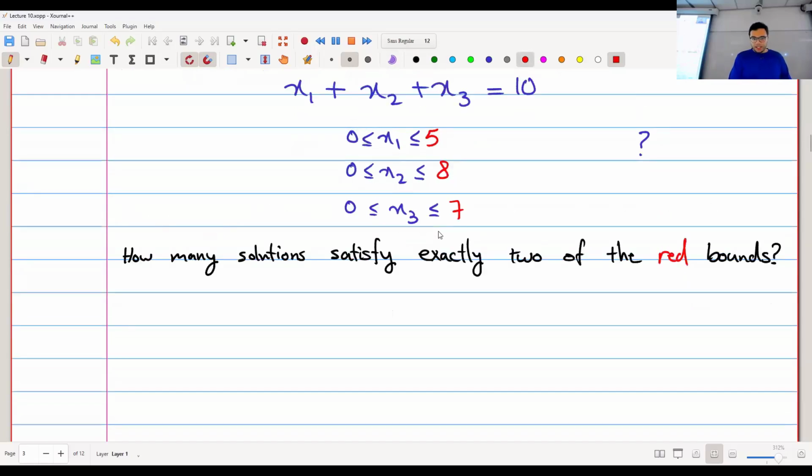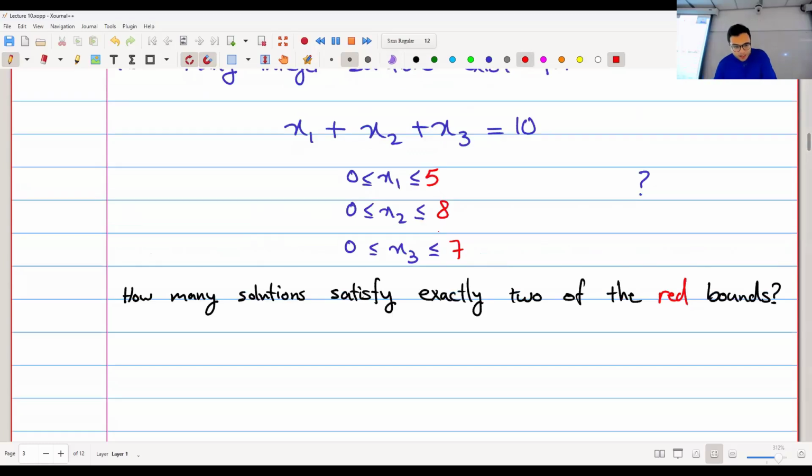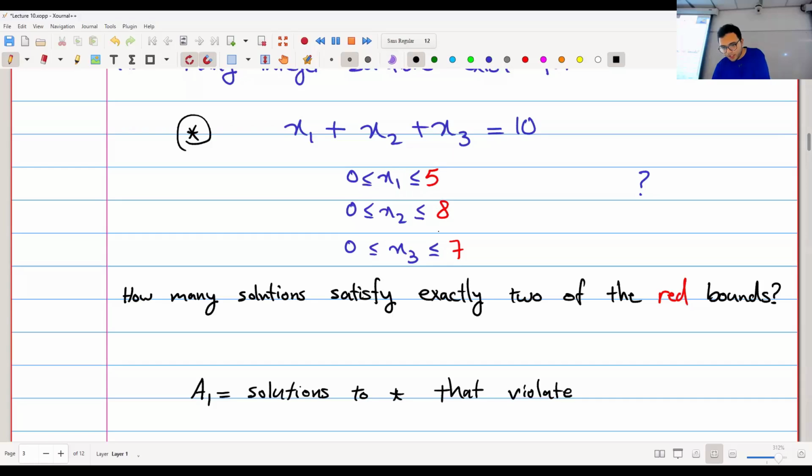Okay, so basically this is what I'm saying. Imagine that A1 is the set of solutions to this, let's call it star, that violate the first condition, that violates x1 less than or equal to 5.